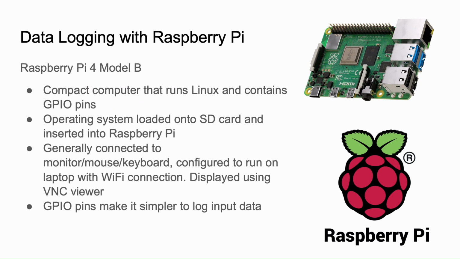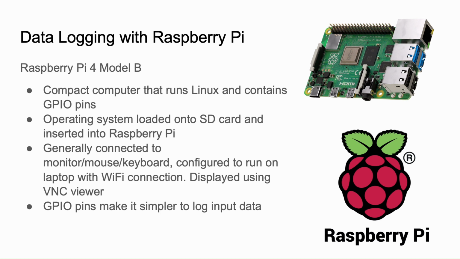So up next we have the data logging, which for this project we chose to use the Raspberry Pi 4 Model B. What this device is, it's basically a compact computer that could run Linux and contains its own GPIO pins. The way we set it up is you download an operating system onto a micro SD card, which then gets inserted into the Raspberry Pi.